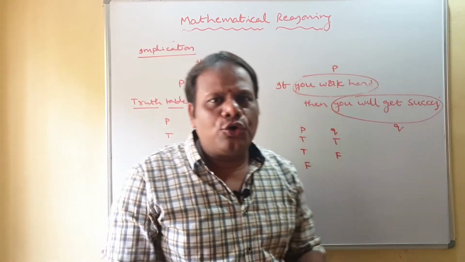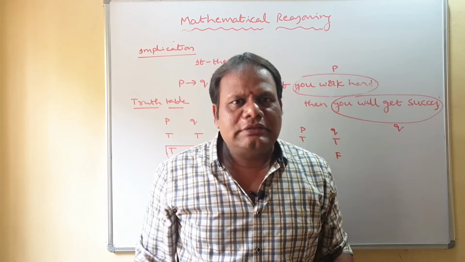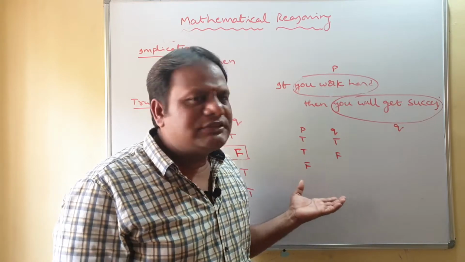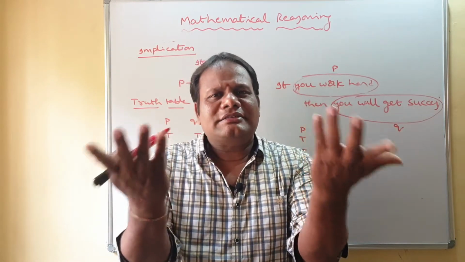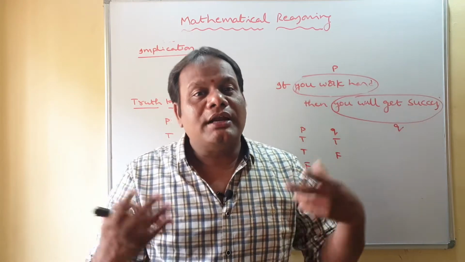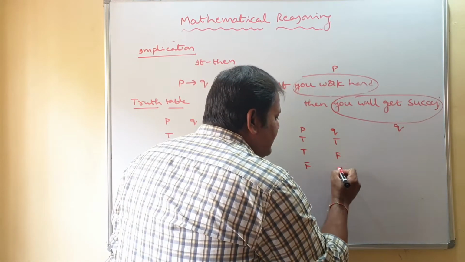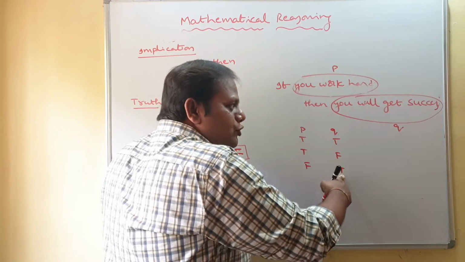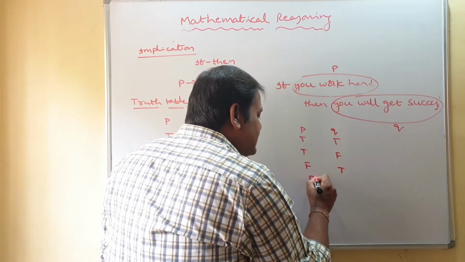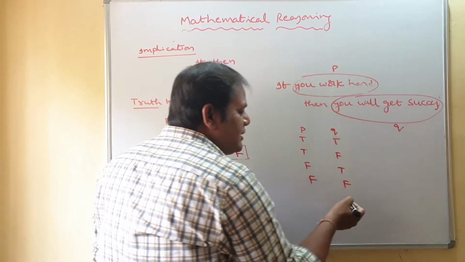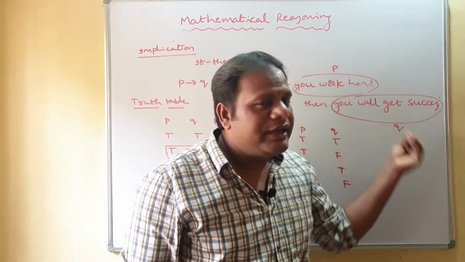So if you don't work hard, then what happens? Who knows? You may get success or you may not get success. There is a possibility you may get success, or at the same time there is a possibility you may fail.